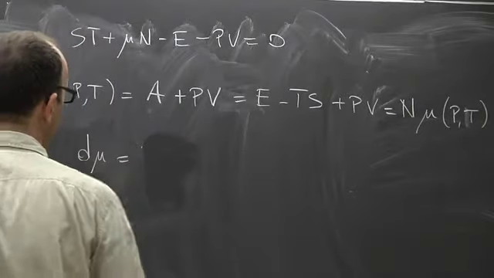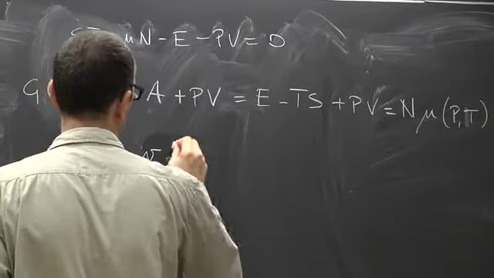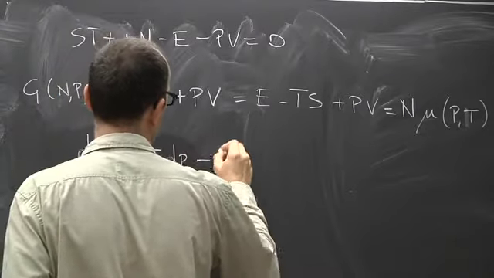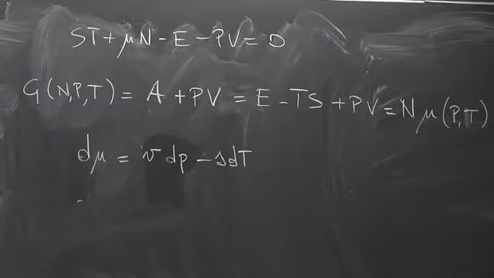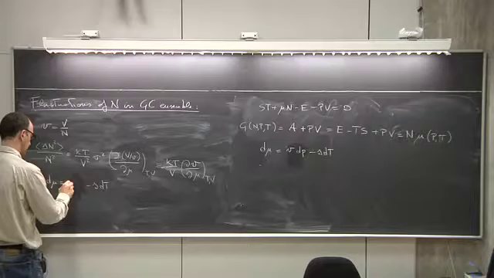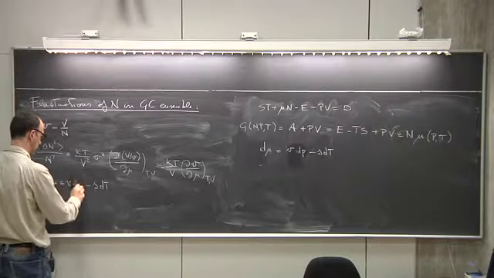It's V times dP minus S times dT. Okay, which is this. Sorry, V dP.